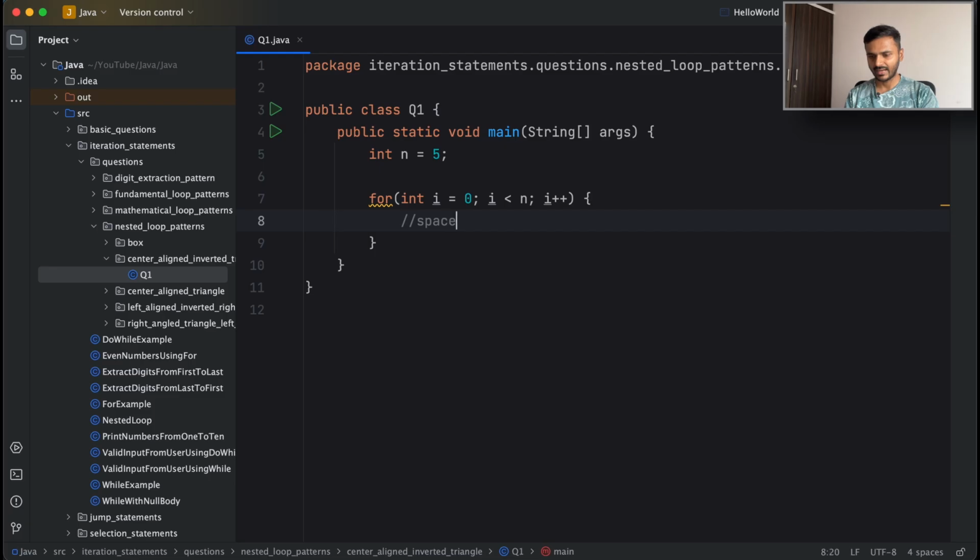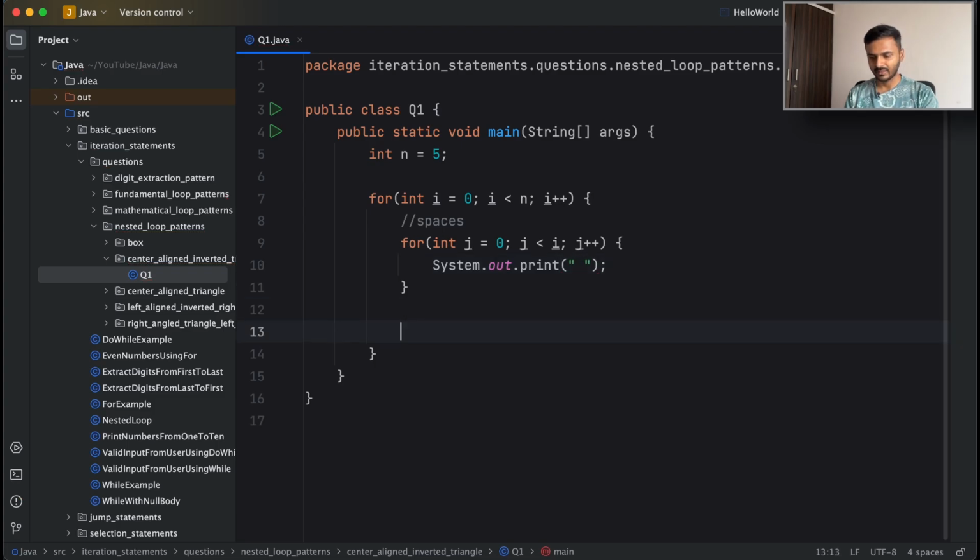Now the first thing that we'll have to take care of is printing the spaces. So we know that this can be done with a loop that would look like this: j equal to 0, j less than i, j plus plus, and all we will have to do here is say System.out.print and print a space. Then here we would take care of printing the asterisk.